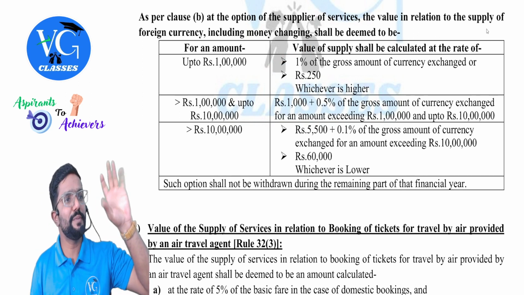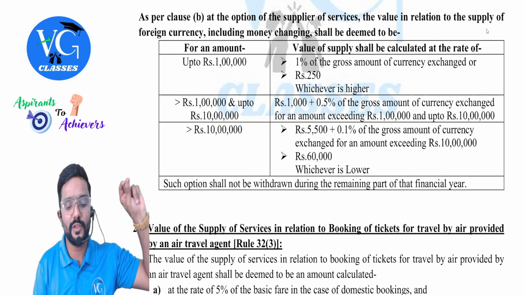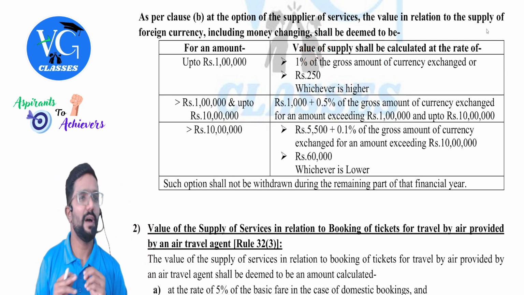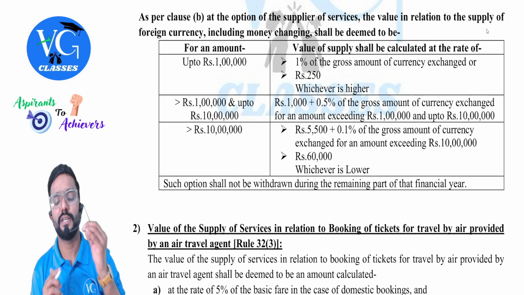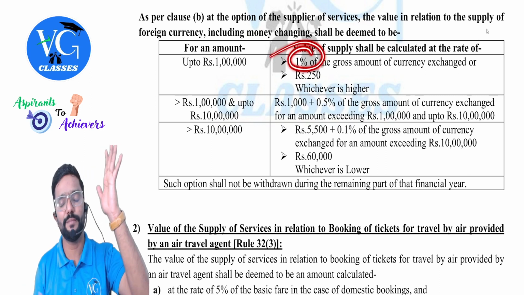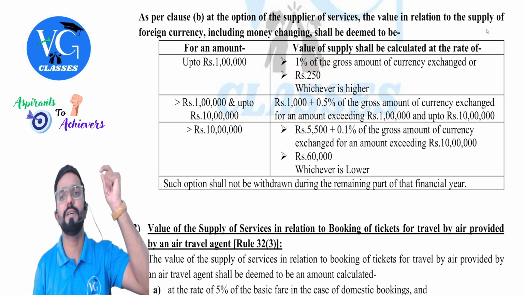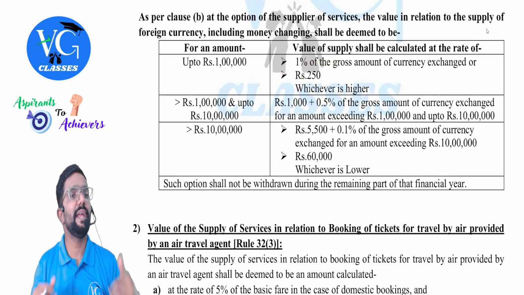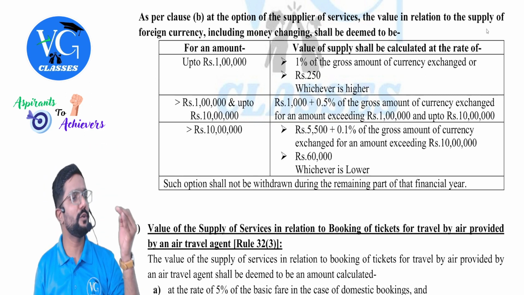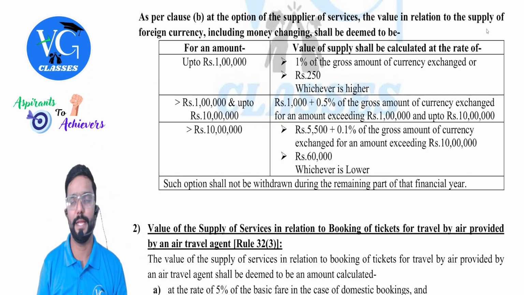Assume, guys, Indian rupees exchange is 50,000. 50,000 into 1% or 250, whichever is higher. Or else, sir, only 10,000 is exchanged, sir. 10,000 into 1% or 250, whichever is higher. Sir, 80,000 is exchanged, sir. Same story. 80,000 into 1% or 250, whichever is higher.